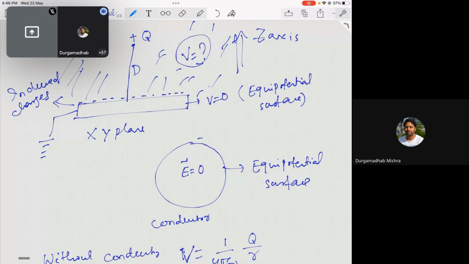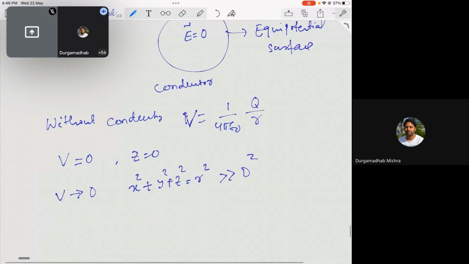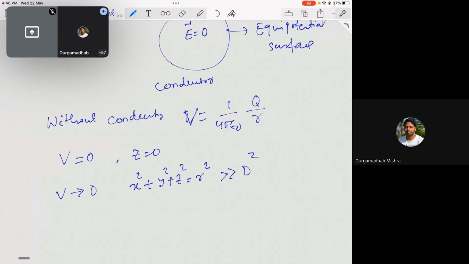If I go infinitely far from this charge distribution, I expect the potential to tend to 0, getting smaller and smaller because of the 1 by R dependence, eventually zero at infinity. If R square is much greater than d square, V tends to 0. This is the boundary condition, and on that basis we would start solving the differential equation.